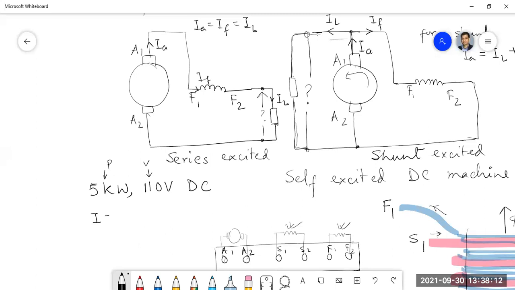Can you calculate? Quickly tell me. 45 point something. So that is 5,000 divided by 110. Isn't it? So that means 45.45.